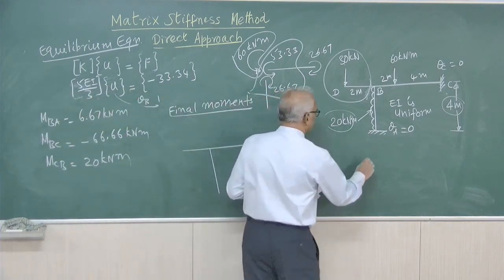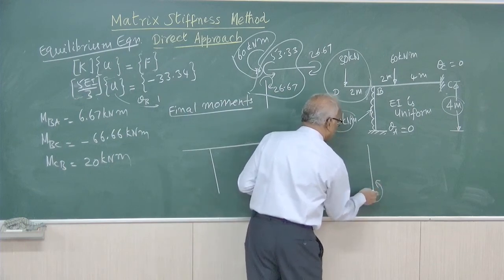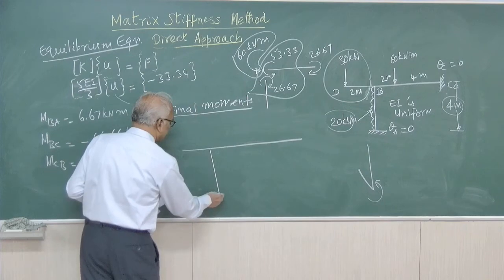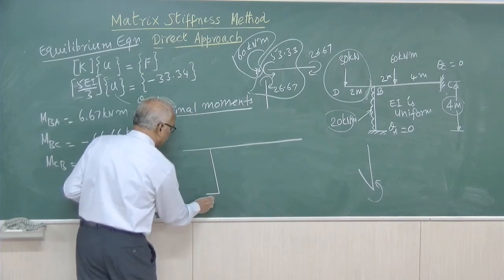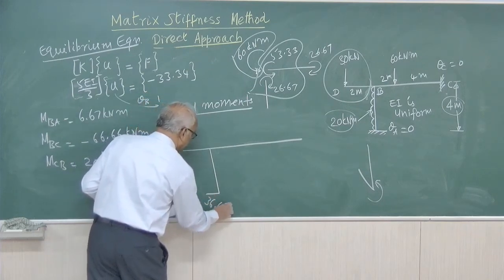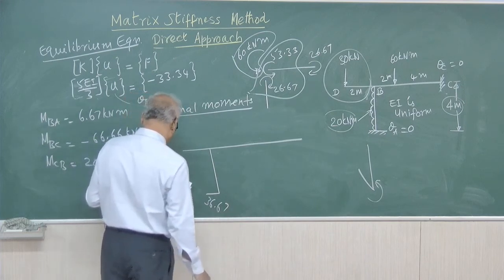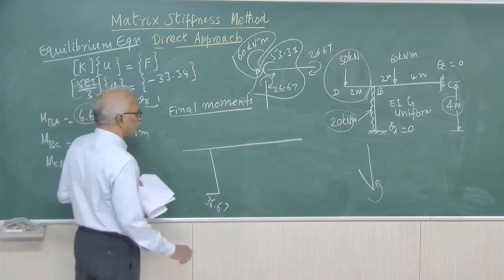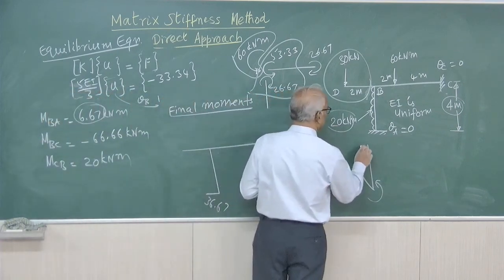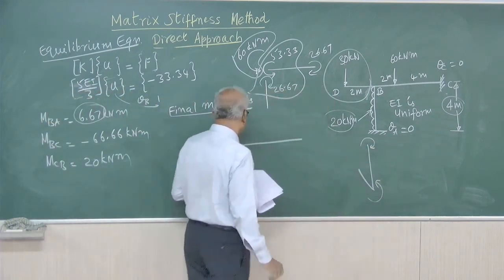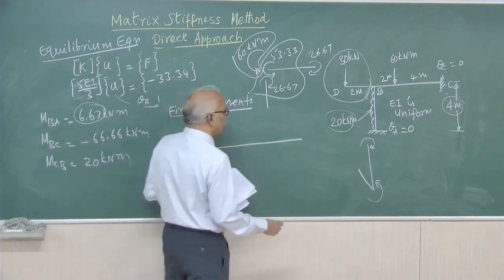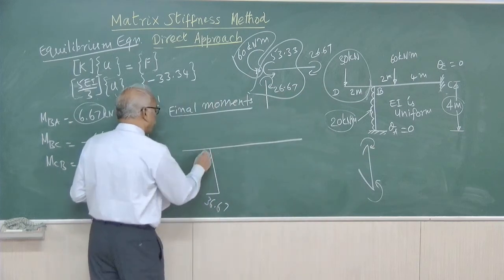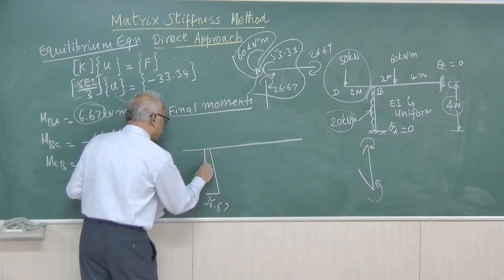Minus means it will be anti-clockwise, which causes tension on the outer side. Therefore, here it is 36.67. And MBA is plus 6.67, which means clockwise, so again tension will be on the outer side. Of course, the value is small, so this value is 6.67.